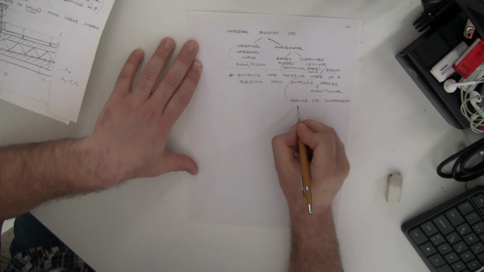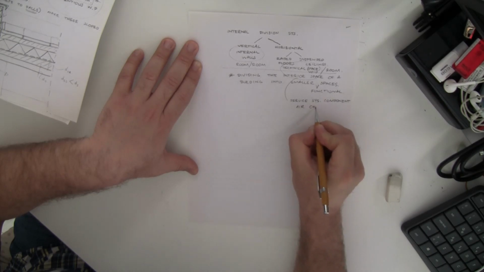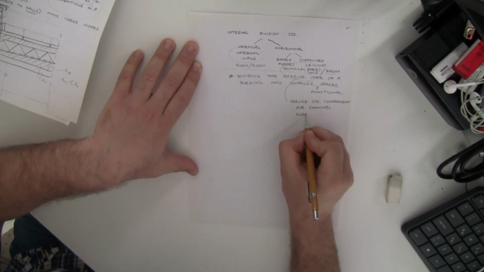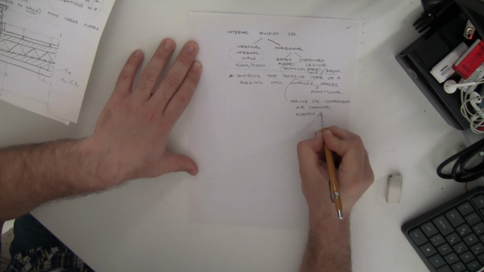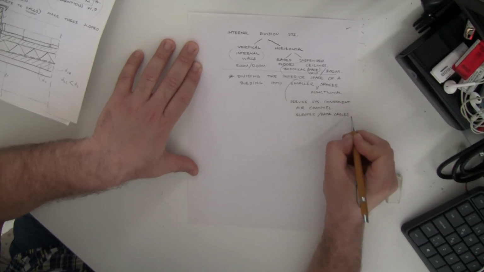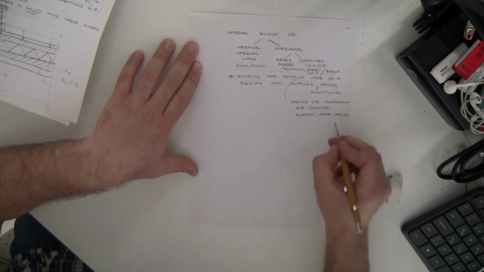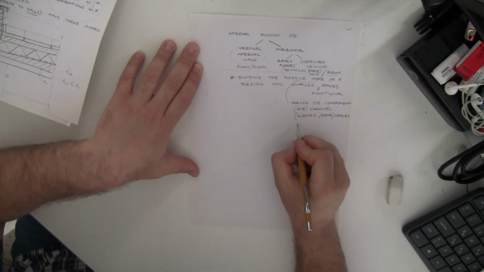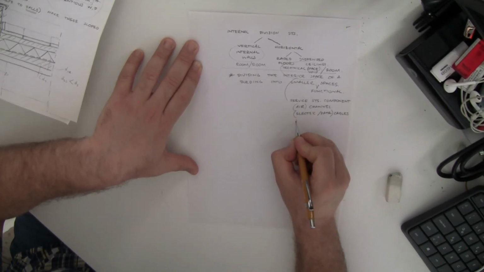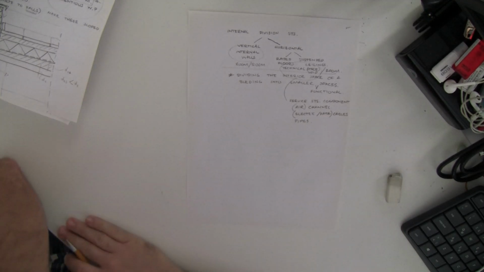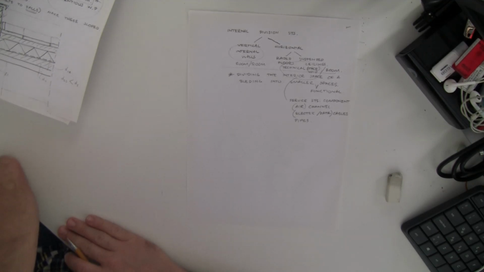Like air channels, electric or data cables or other cables, all types of cables, all types of channels of course, and different types of pipes belonging to the air condition systems, pipes belonging to the clean water systems, and pipes belonging to the dirty water systems.